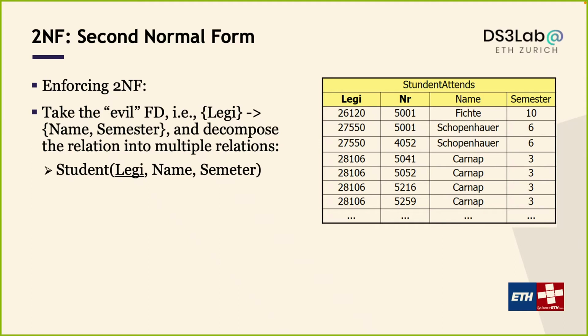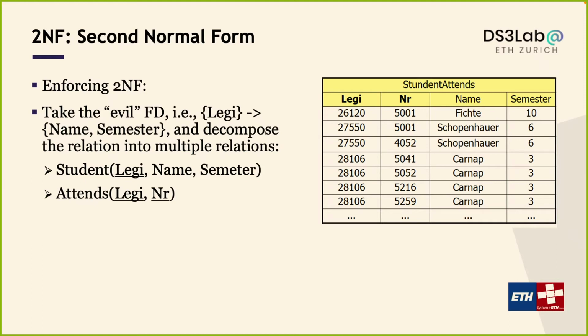You create one smaller relation that contains all the attributes in this evil functional dependency. Here you have a student table with student ID, name, and semester. Then you put all the other attributes plus the key of this first relation into a second one. The second one contains only student ID and lecture ID.